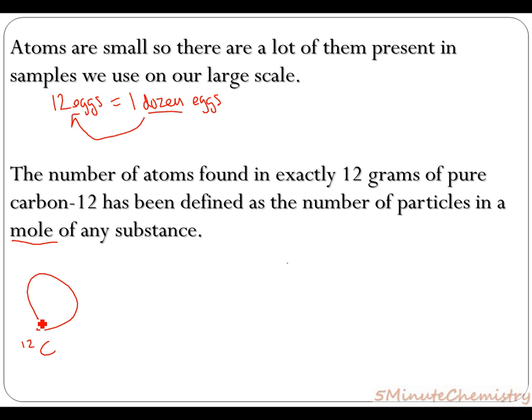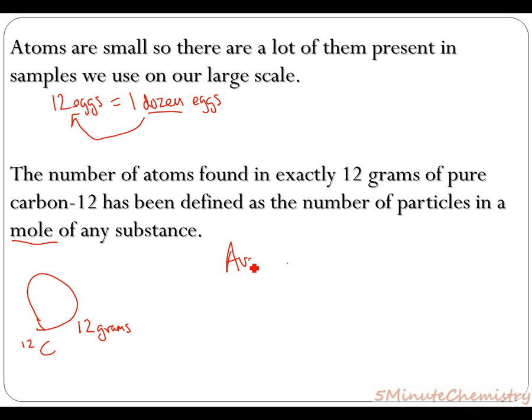We put that sample on a scale and we determine that it has a mass of exactly 12 grams. And we want to know exactly how many atoms of carbon are in this. So the number of those atoms that we find in this mass is our standard used to define 1 mole.